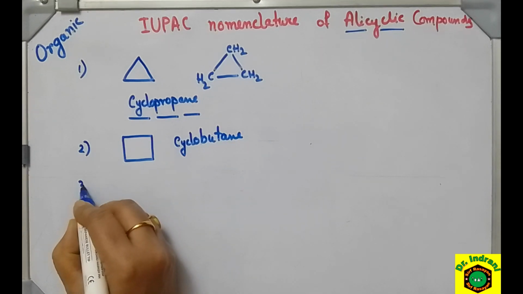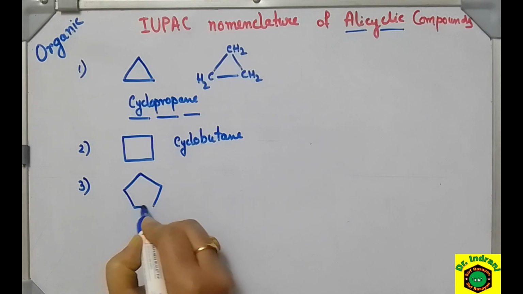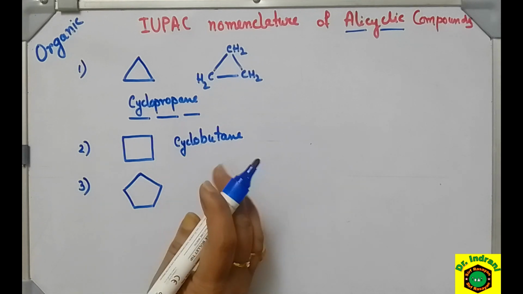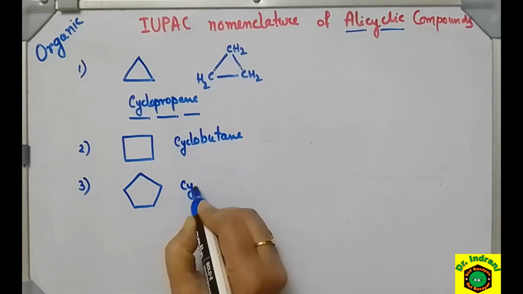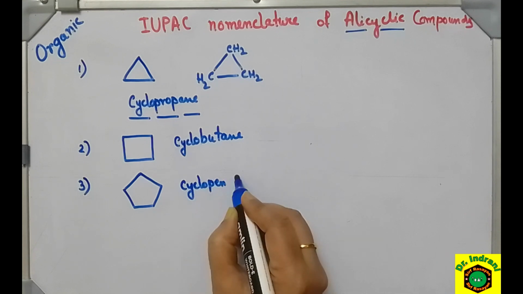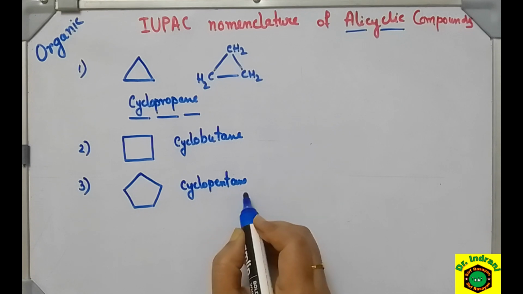Similarly, if you have a ring structure having 1, 2, 3, 4, 5 carbons, no double bond, it is cyclopentane: pent for 5 carbon atoms, and then ane is the primary suffix.